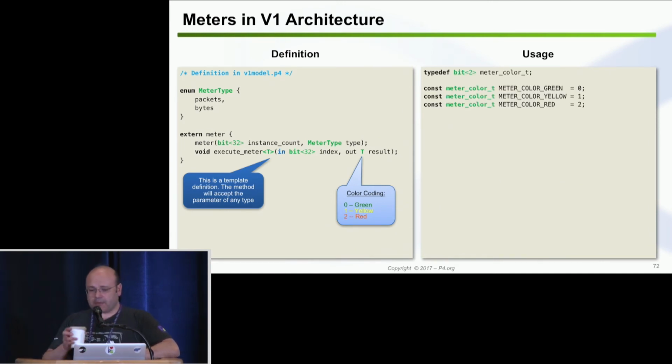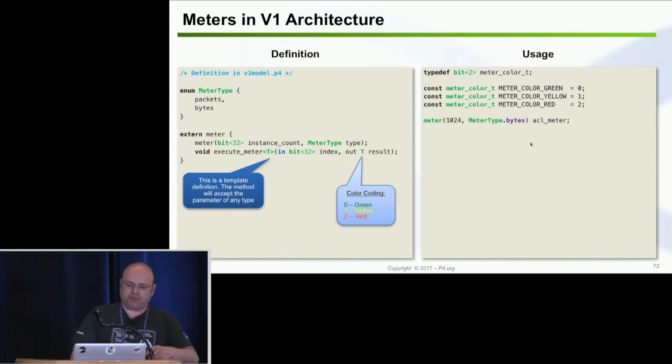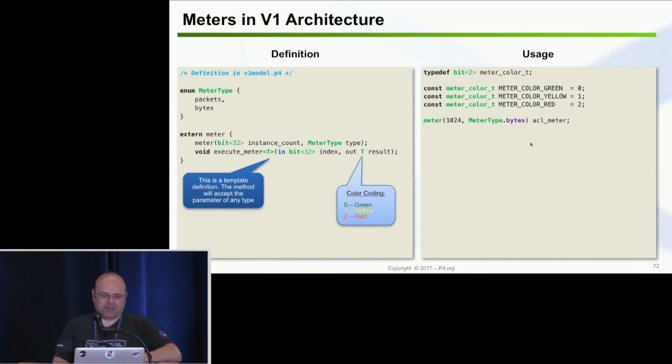And here's how we can use it. Here I decided to define a type using the typedef construct we discussed earlier. A 2-bit value of the meter color, defined my constants, instantiated the meter. It all happens under the control, but I hope you got the hang of it on all the previous slides.